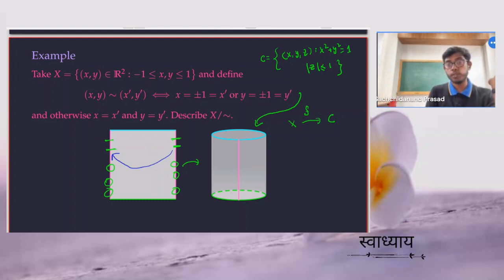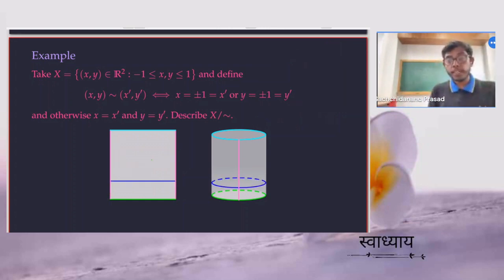Similarly, at this should be equal to this. So you see what exactly is happening. If I take any line on the square sheet and wrap it, what I'm getting is a circle, and that's precisely the previous example that we discussed. So if I consider here, there are a bunch of lines.